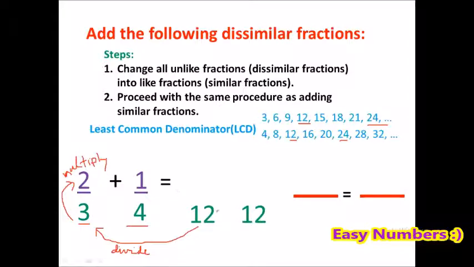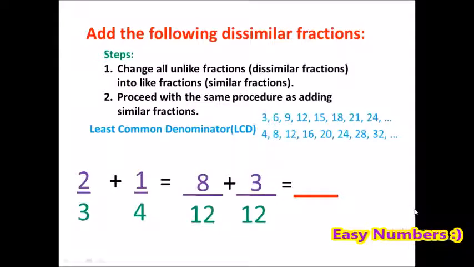Another is, we have 12 divided by 4 is equal to 3 times 1 is equal to 3. So you have 8 plus 3 is equal to 11 and copy 12.